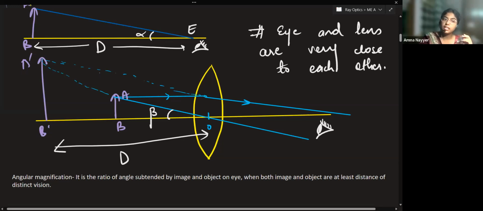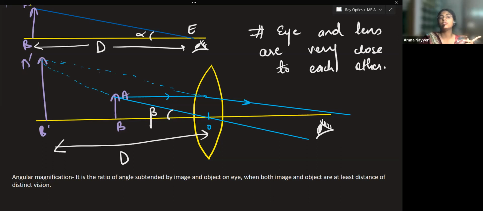Why are we considering this, not this? Because we have to have this least distance of distinct vision.